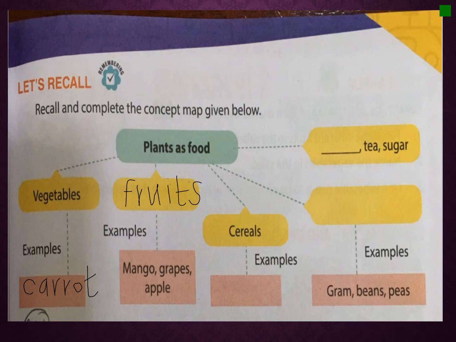Next, plants as food, cereals. Example of cereals: I will write rice. Next here, plants as food, gram, beans, peas. What are they?